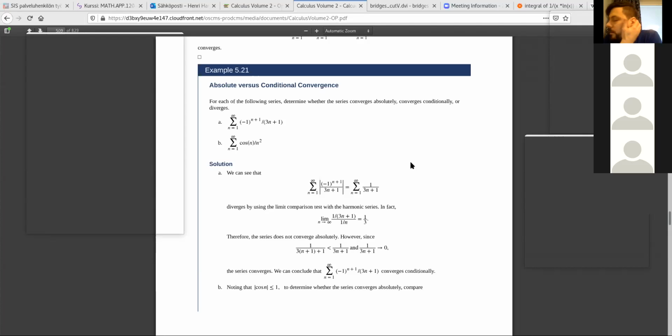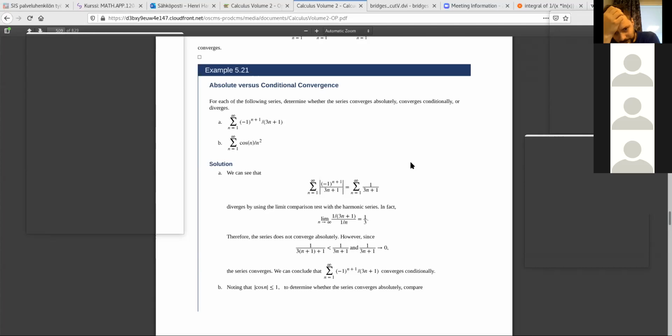Let's see, the first one, (-1)^(n+1) over 3n plus 1. We can use the Leibniz criterion, or the alternating series test. We see that 1 over 3n plus 1 goes towards 0 as n goes to infinity. This is an alternating sequence, so it's going to converge.